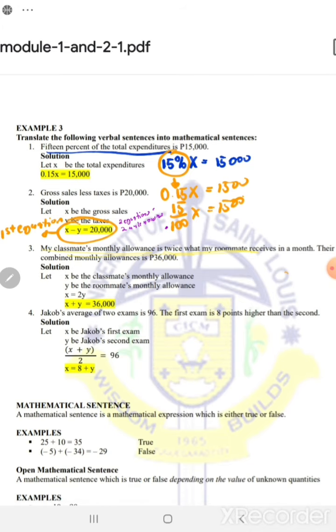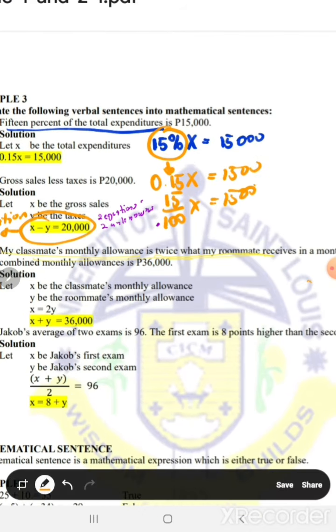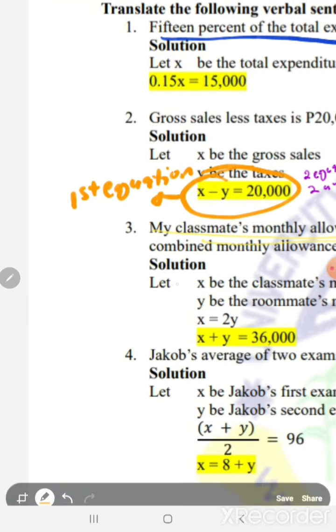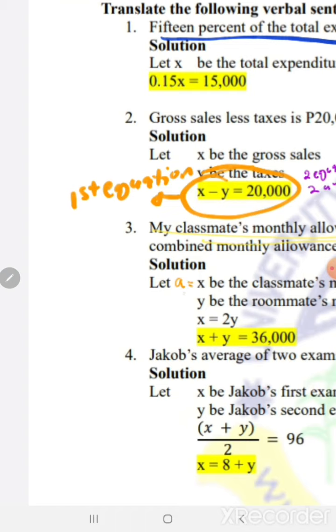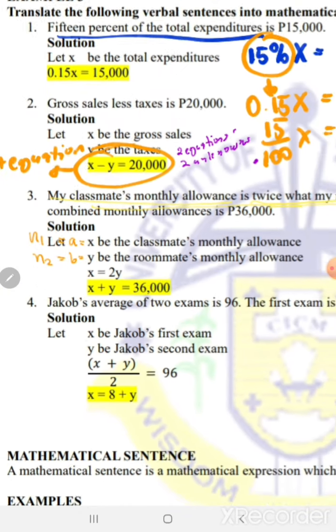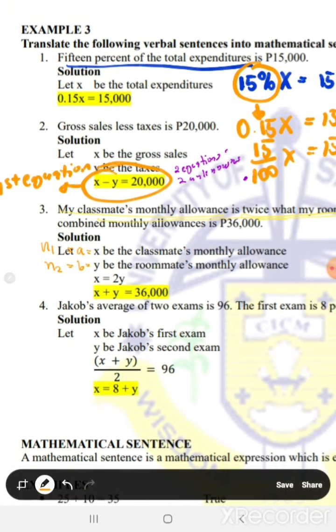So therefore, I will say that X is the classmates' monthly allowance and Y is the roommates' monthly allowance. Take note that this X and Y can also be represented by any variable like A equals X or B equals X or N1 and N2.